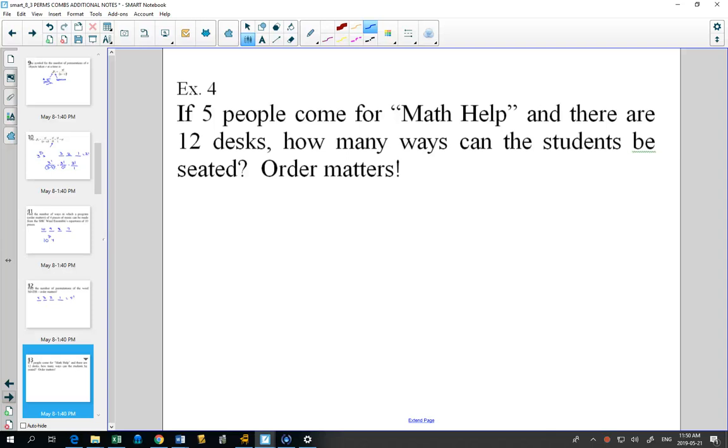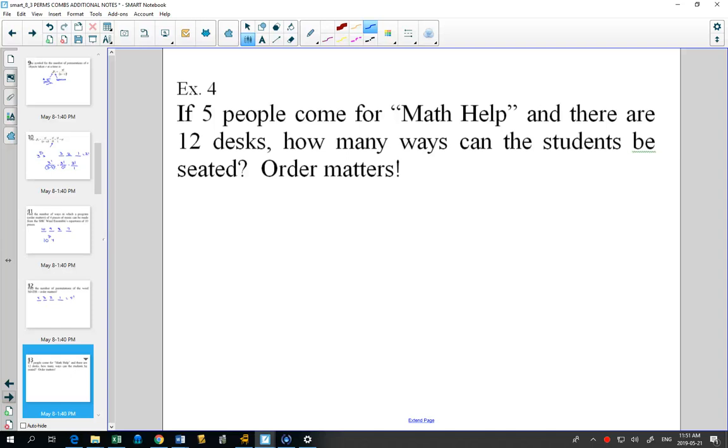Well, we have to remember that in the fundamental counting principle, the spaces represent decisions. And you have to think, how many decisions are being made, not how many desks are there. The desks aren't making decisions.